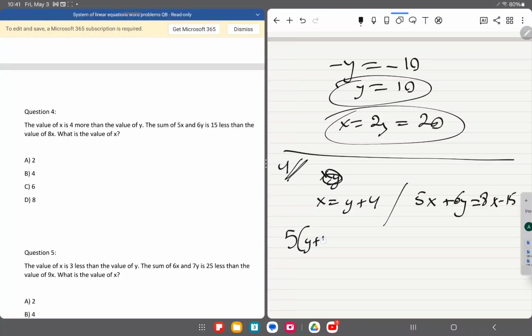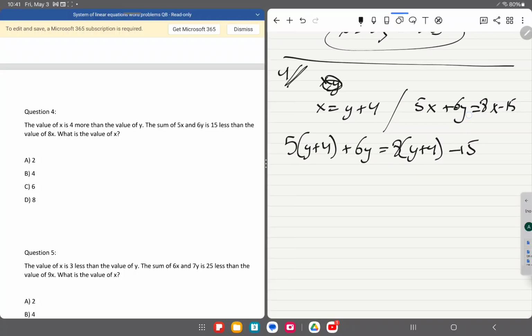5 into y plus 4 plus 6y is equals to 8 into y plus 4 minus 15. So 5y plus 20 plus 6y is equals to 8y plus 32 minus 15.